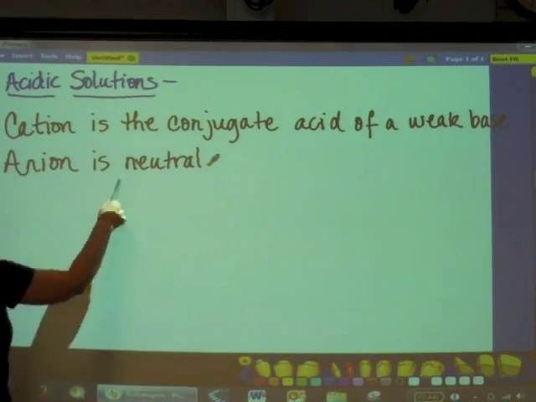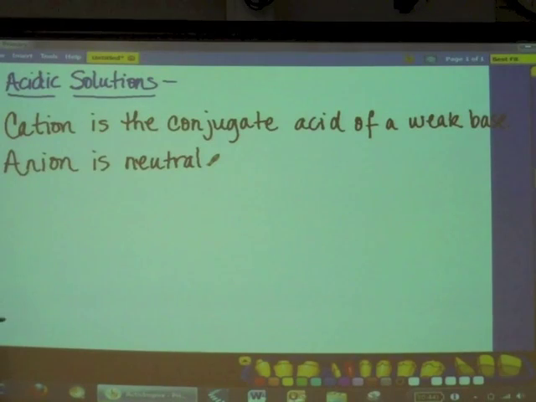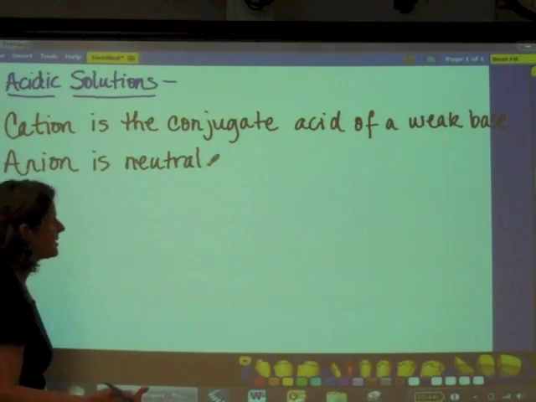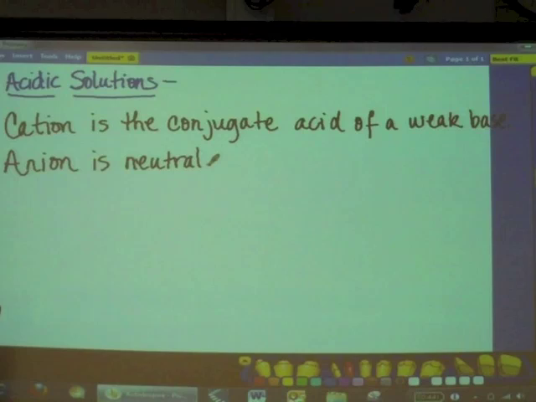And when I say neutral, I mean that it is the anion of a strong acid. An anion of a strong acid is neutral. Okay, the cation would be the conjugate acid of a weak base.